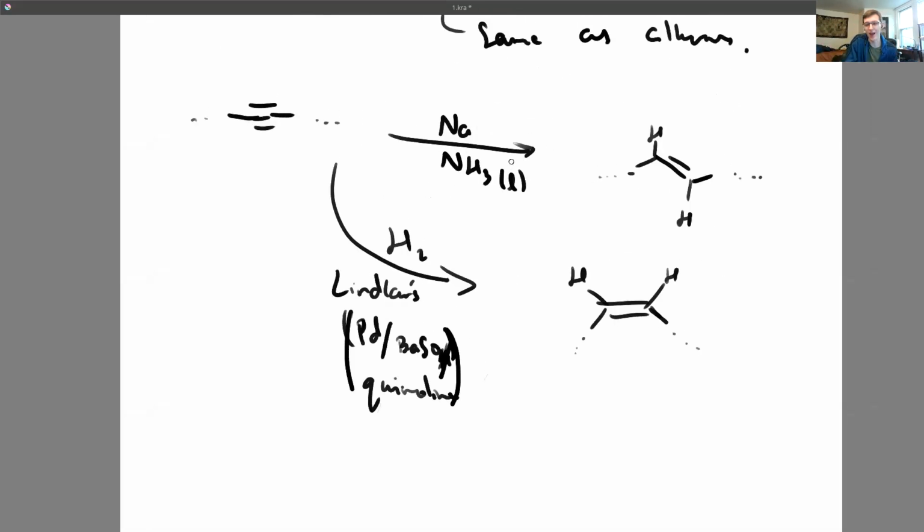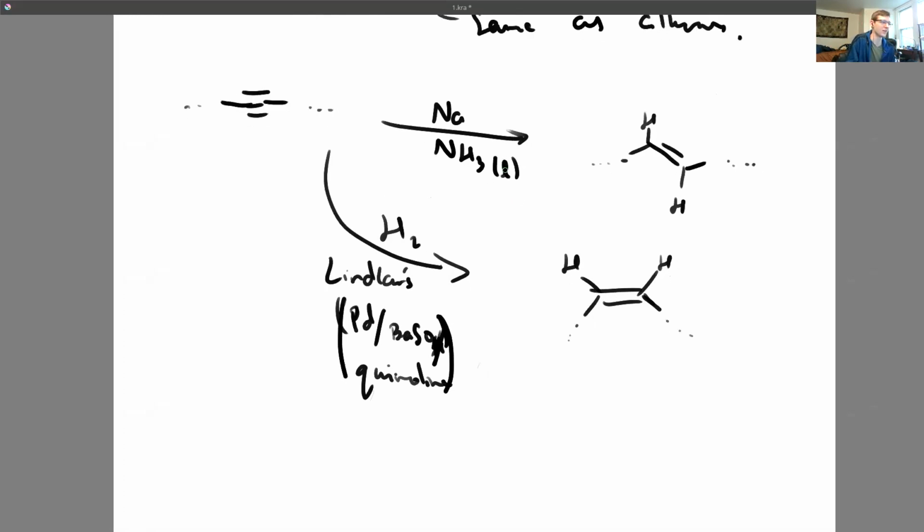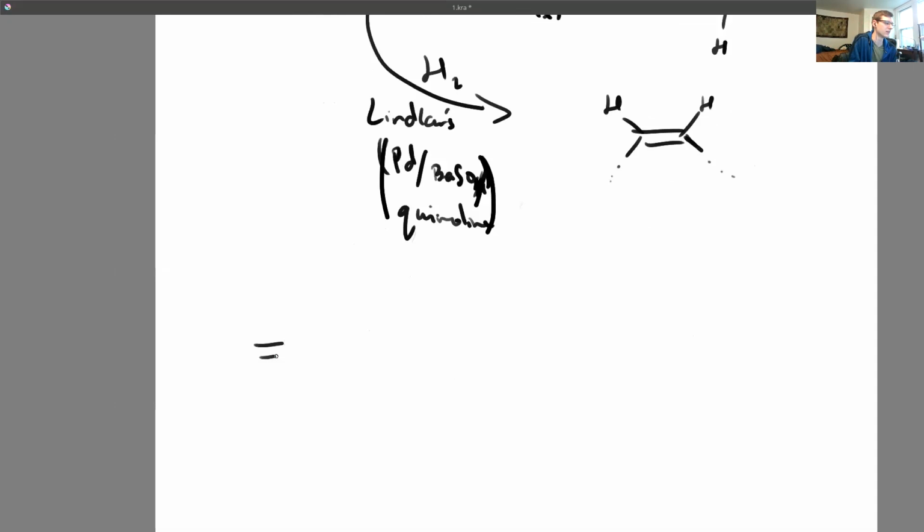But this one up here, we can write the mechanism for, and in fact, you should know the mechanism for it. So how about we do that? Okay, here we go. Let's write this. All right, what happens when we put this sodium in the ammonia?